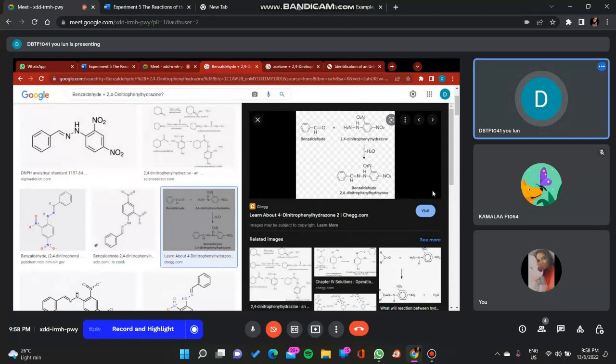So this is the reaction for when benzaldehyde reacts with 2,4-dinitrophenylhydrazine. They will form benzaldehyde 2,4-dinitrophenylhydrazone. This is the reaction.